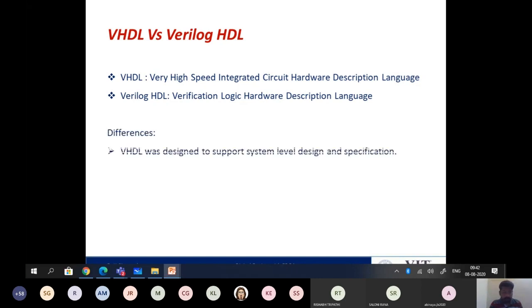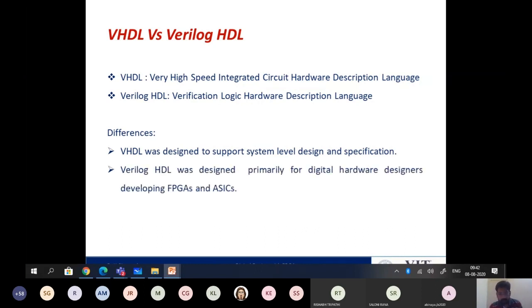The differences: VHDL is designed to support system level design and specification, and Verilog primarily for digital hardware designers who are developing FPGAs and ASICs. Both can do FPGA as well as ASIC based design. It's up to the designer to go for VHDL or Verilog HDL. As you go through the language, you will be able to find the difference between these two.